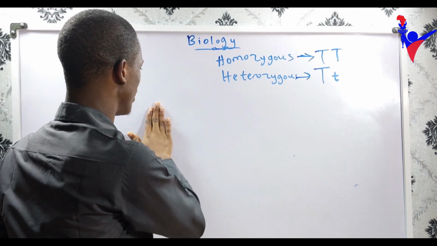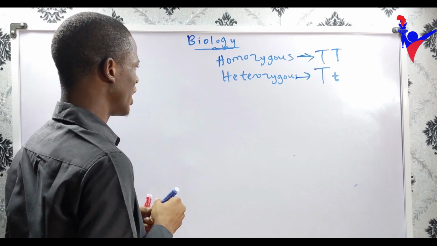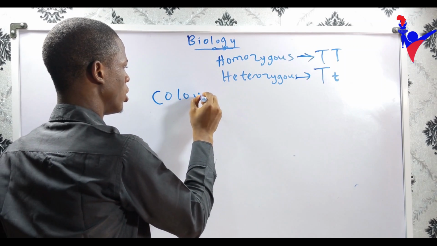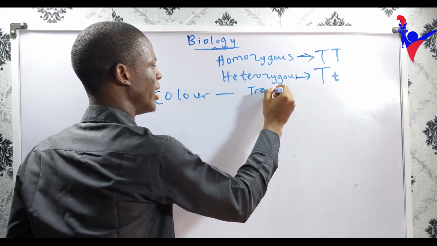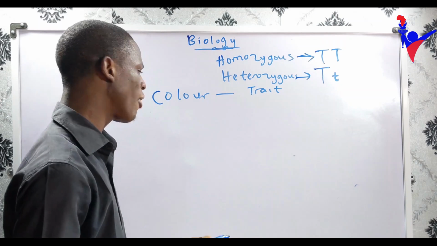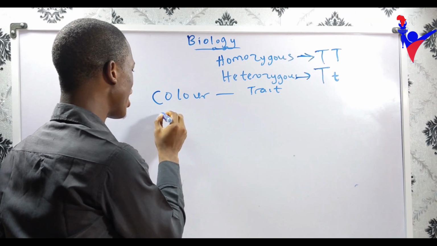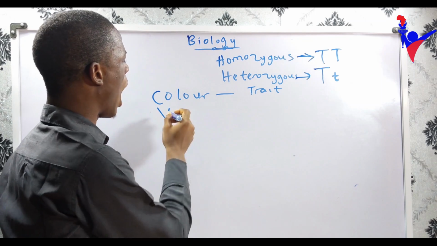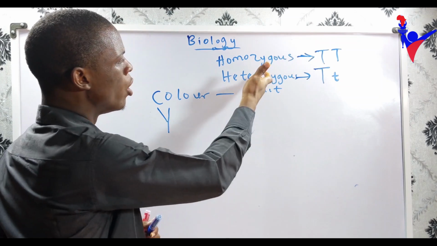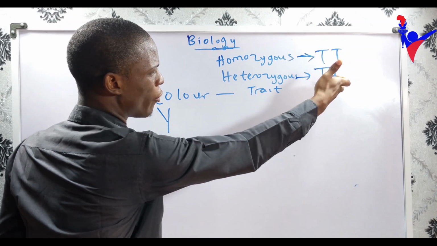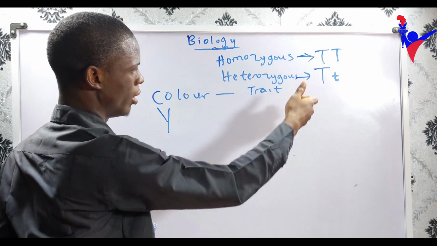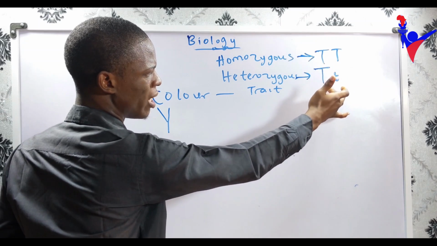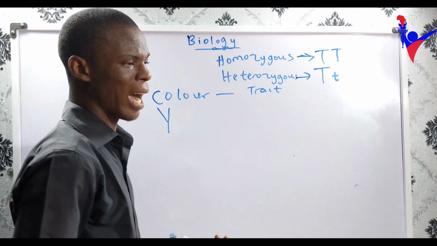and the trait that we are discussing here is color. So the trait that we are talking about is color, and we have heterozygous yellow, Y for our yellow color, and since heterozygous means another form of the trait, like I explained earlier for tallness, we have another form of tallness, which is the small t.